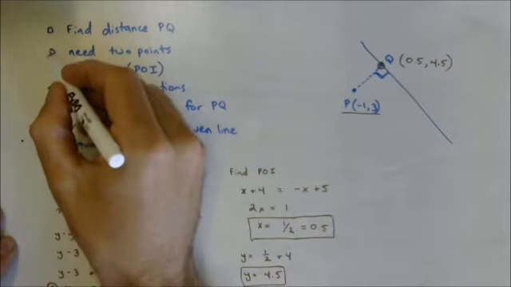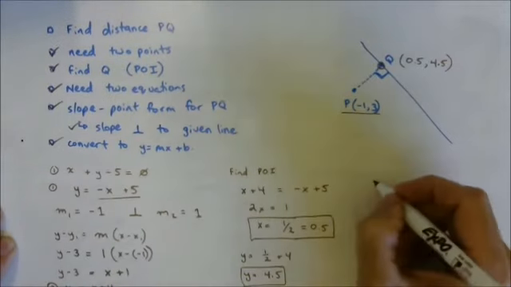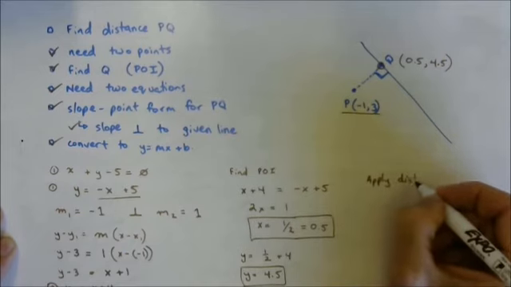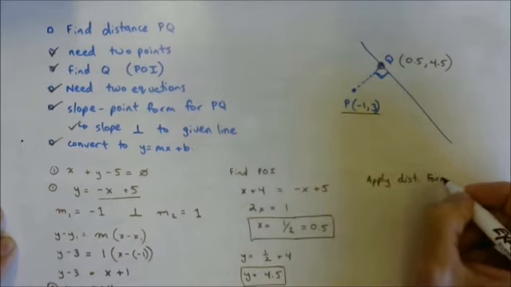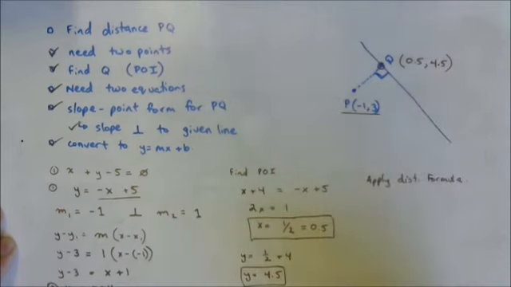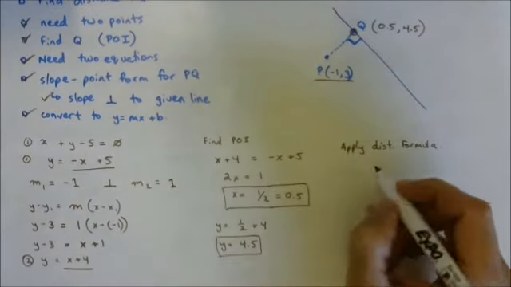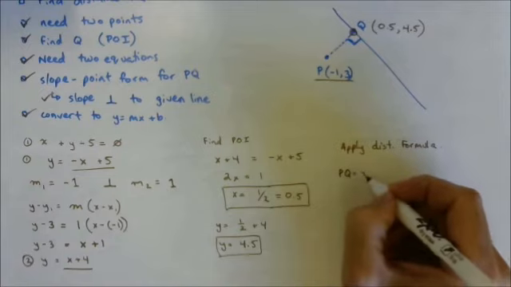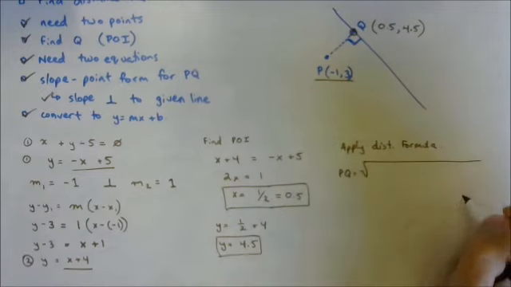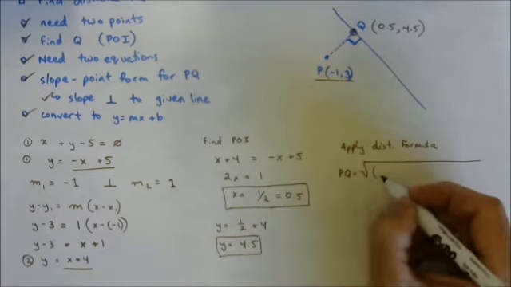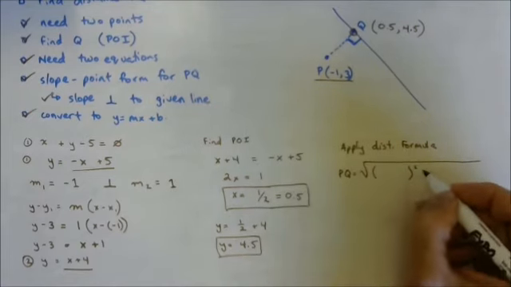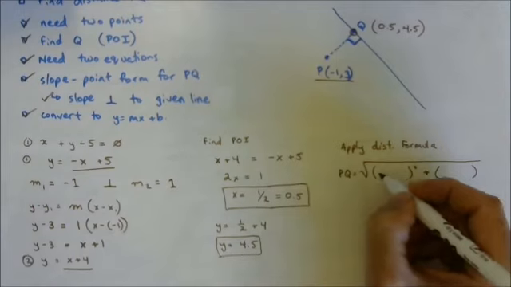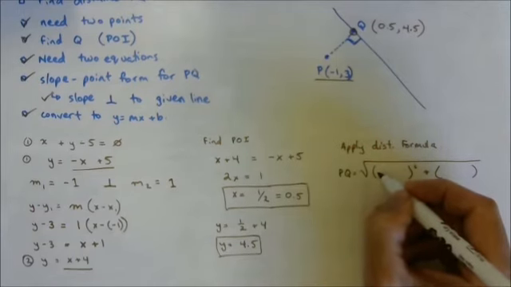Which means that we have 2 points, which means that we can apply our distance formula. We have the distance PQ is going to be equal to the square root of the sum of the squares of the horizontal and vertical distances traveled.